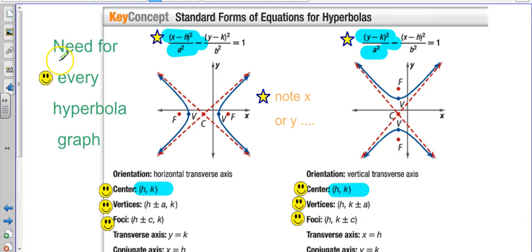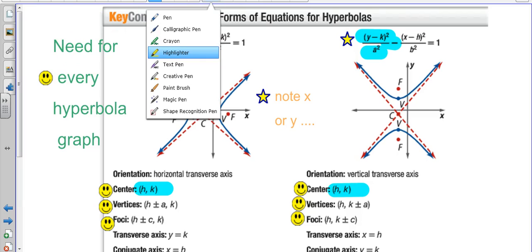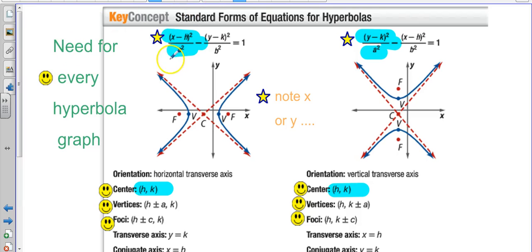What makes this a hyperbola and not an ellipse is that right here in the middle, instead of a plus, is a minus. And you remember an ellipse had a plus here, but the ellipse also had an a squared and b squared that could flip around based on what? What decided how something was a or b with an ellipse?